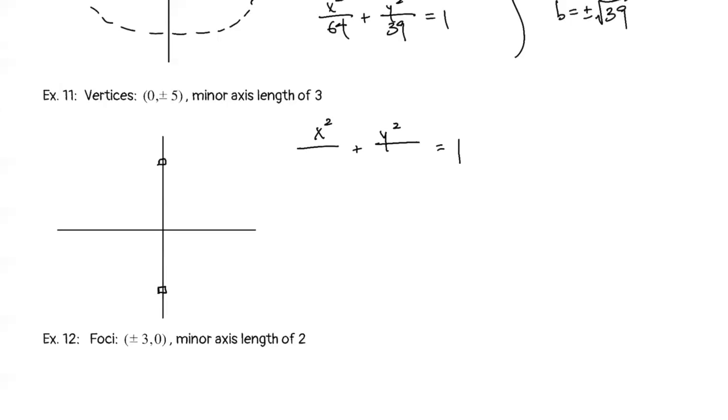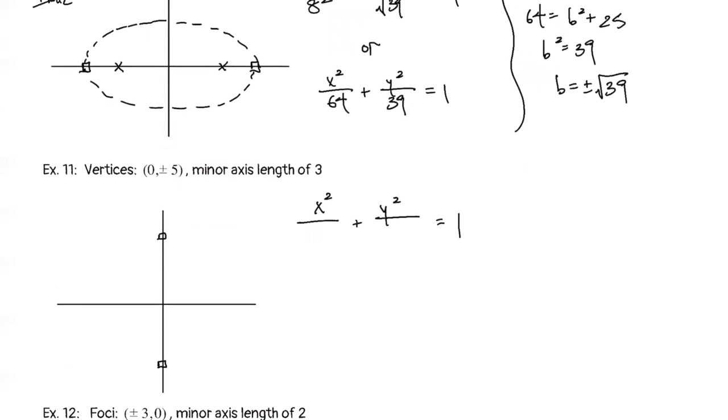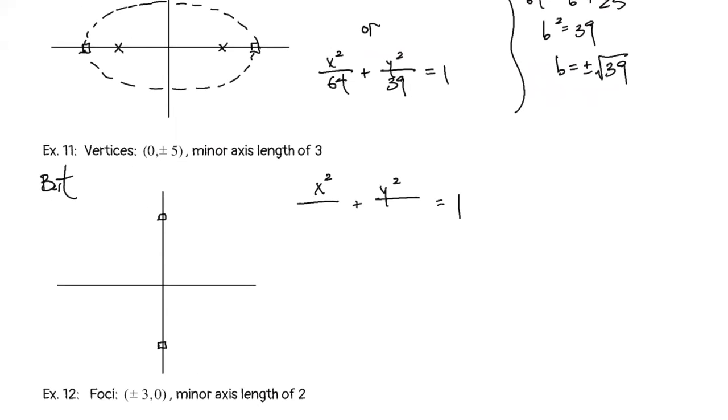And is this going to be an Ernie situation or a Burt situation? Yeah, we're going to have a Burt situation here. So again, I don't know exactly what it looks like, but I can draw something that is taller than it is wide. Okay.